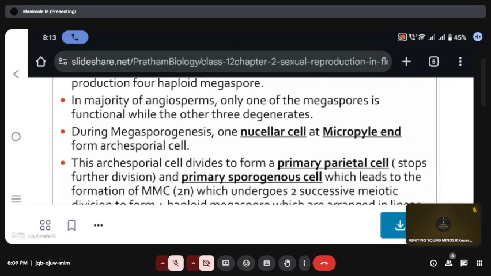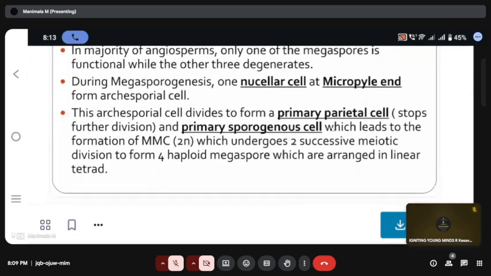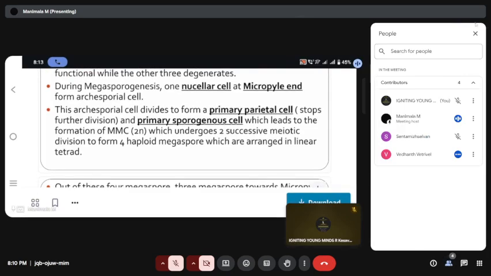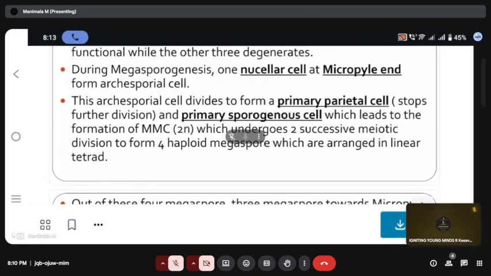Yes, ma'am. After that, during this process, towards the micropylar region archisporial cells are formed. These archisporial cells divide to form two cells. One is the parietal cell, and the other is the sporogenous cells. The parietal cells form as the outer layer and the sporogenous cells as the inner. These parietal cells undergo mitotic division and add more cells to the nucellus.